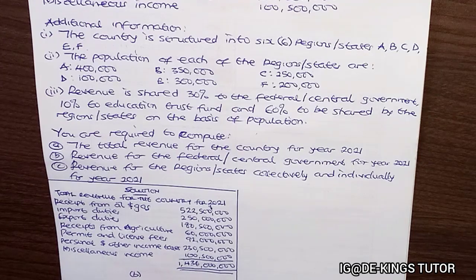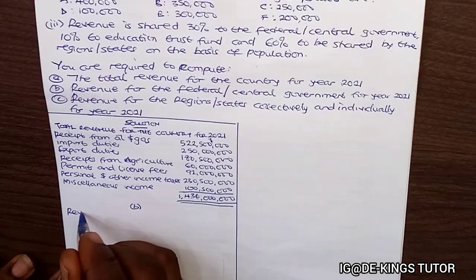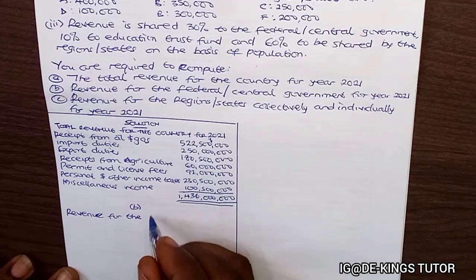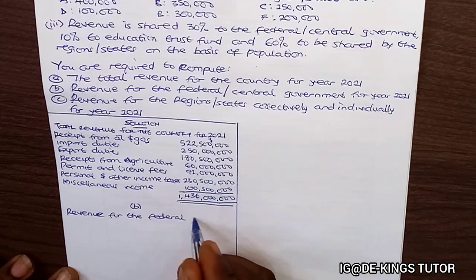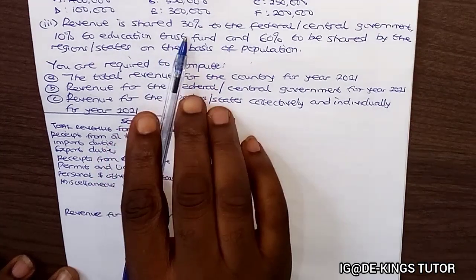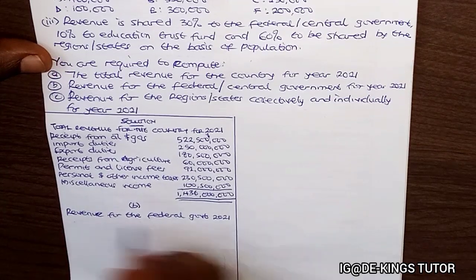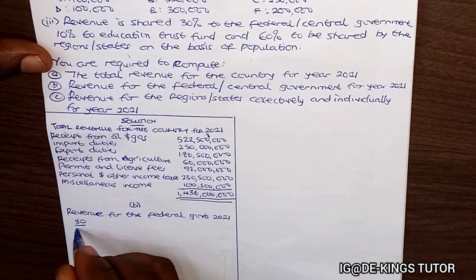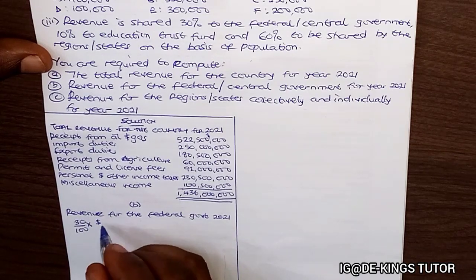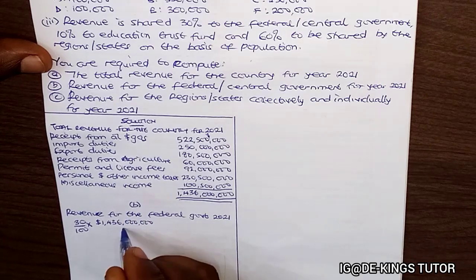Revenue for the federal government for 2021 is 30 over 100 times 1,436,000,000.